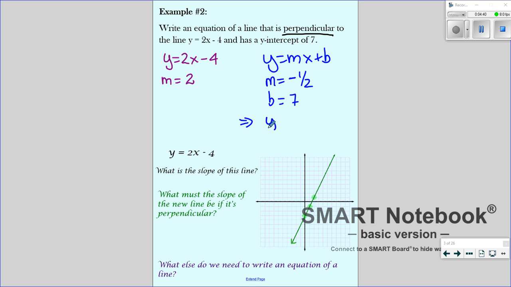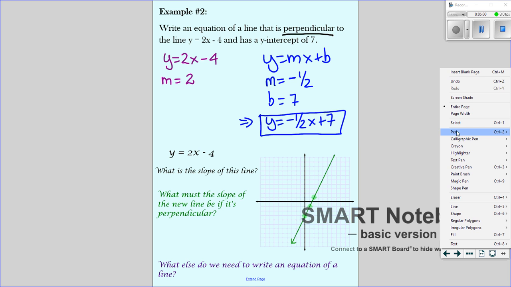So it would be y equals negative half x plus 7. So that means that this line is perpendicular to the line that they gave us because the slopes are opposite reciprocal.